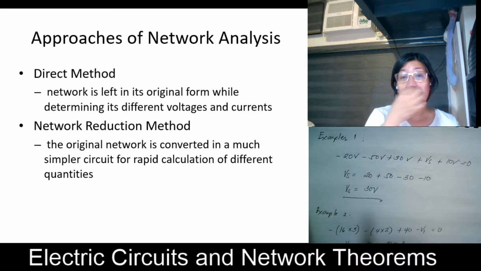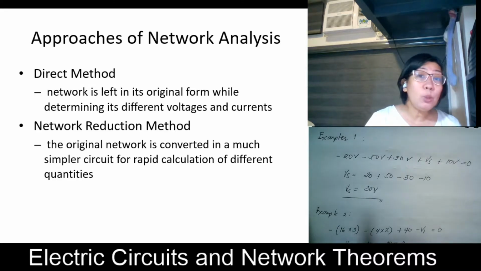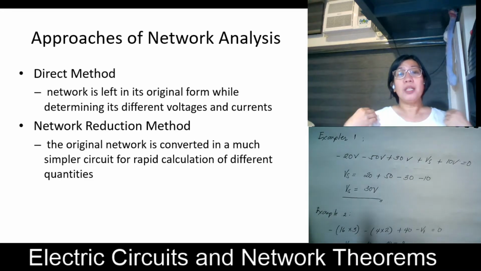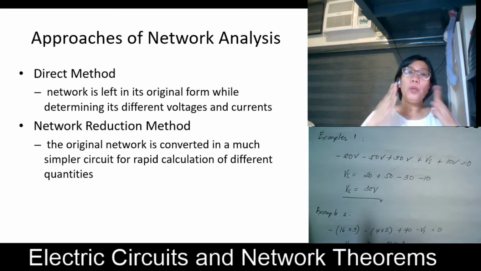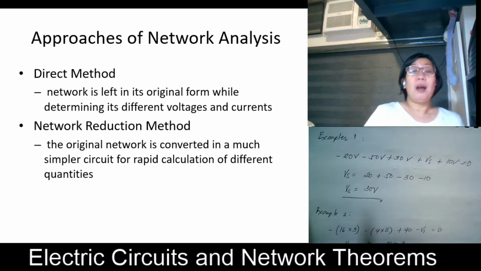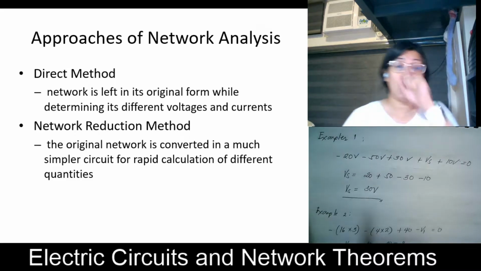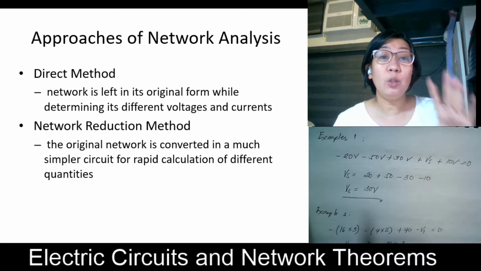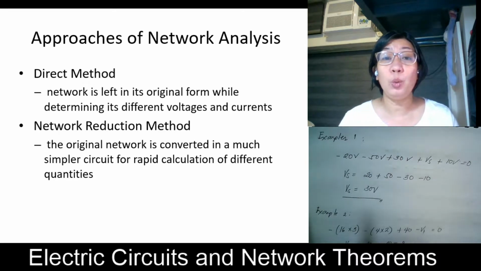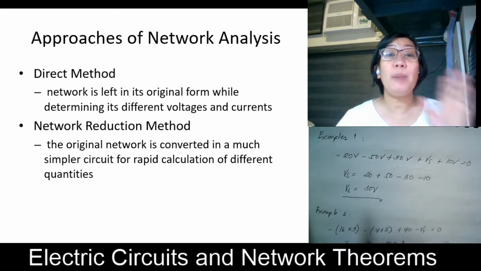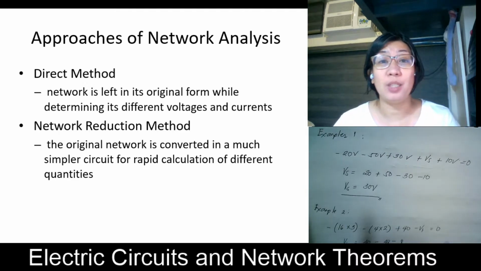Another example of network reduction that we will be encountering throughout our discussions are the Thevenin's theorem, or the Norton's theorem. So those are some examples wherein we are going to alter, or change, the original circuit that we are trying to solve, not to make it more complicated, but rather to make it easier to analyze. Okay?